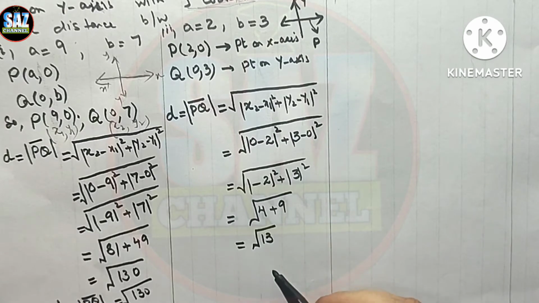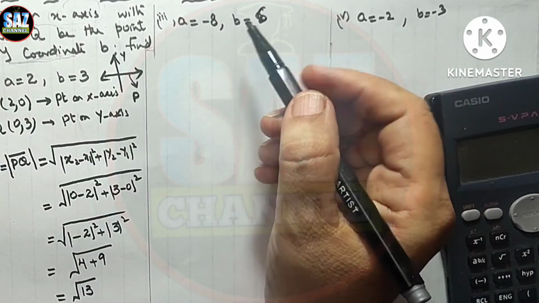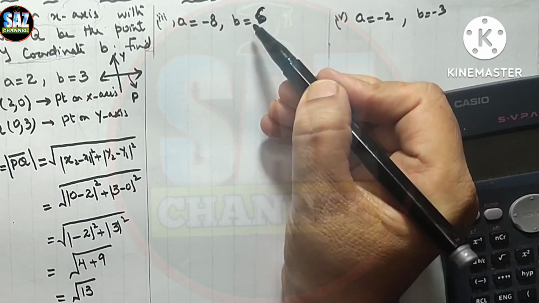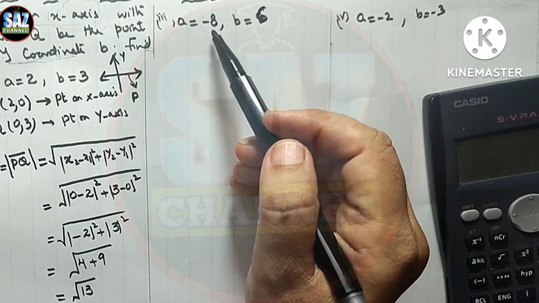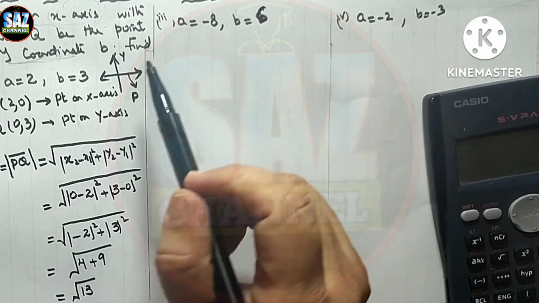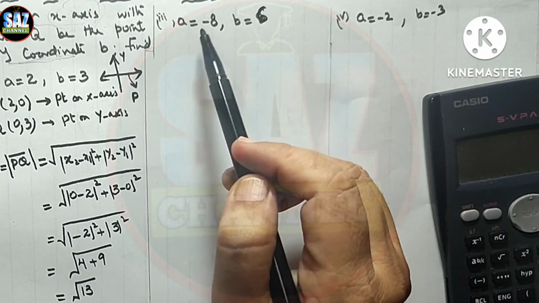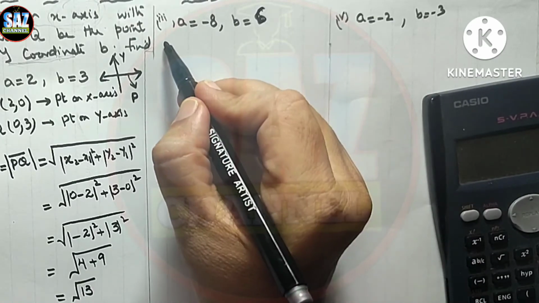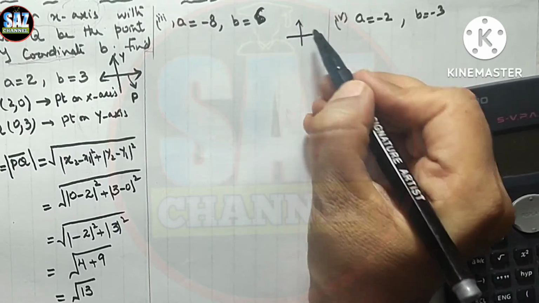Moving to part C, A has the value minus 8 and B has the value 6. Students, always try to read and reread the question. A is the value of P, and P is on which axis? P is on the x-axis.